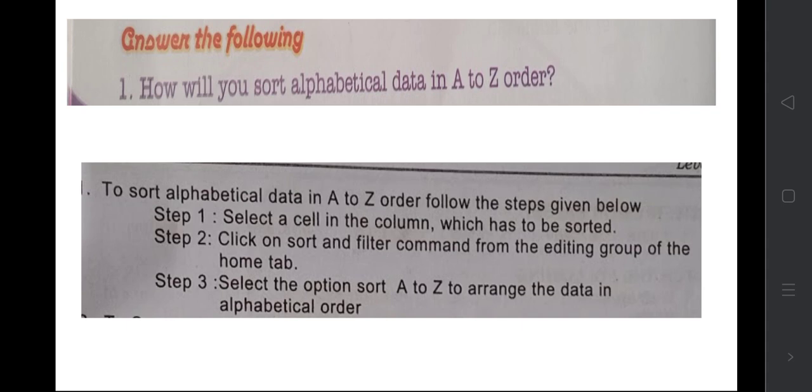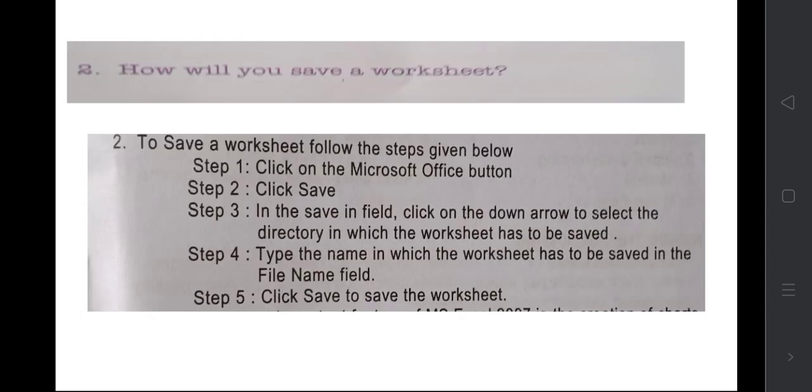Click on the sort and filter command from the editing group of the Home tab. Then select the option sort A to Z to arrange the data in alphabetical order. So these are the steps, one after another, for sorting alphabetical data in A to Z manner.